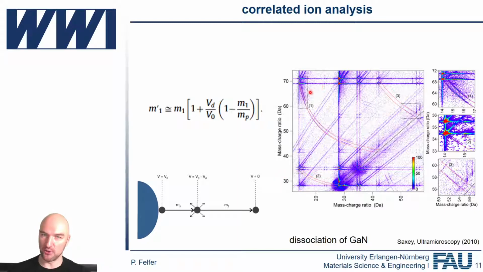Of course, if you don't look into that correlative ion analysis, and you just look at the mass to charge, this is the mass to charge ratio of ion 1, and the mass to charge ratio of ion 2. And in this original plot, it's actually not sorted by which one arrived first and which one arrived later. Otherwise, it would only be one diagonal here.